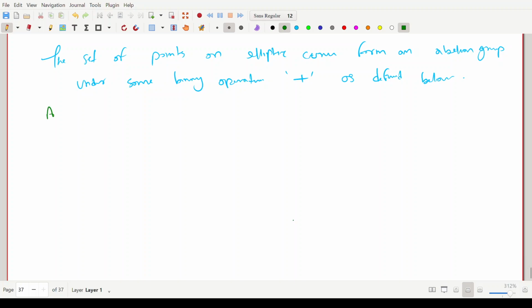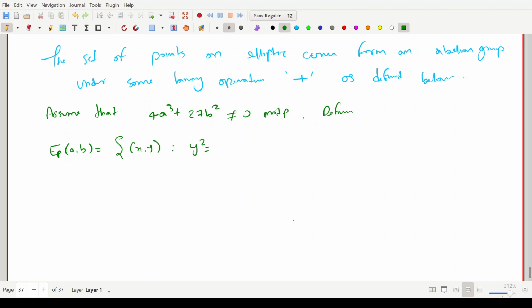Okay, assume that 4a cube plus 27b square is non-zero modulo p, okay, and define E_p(a,b) as the set of all (x, y) having y square equal to x cube plus ax plus b modulo p, such that x and y satisfy 0 is less than or equal to x, y is less than p, union infinity.